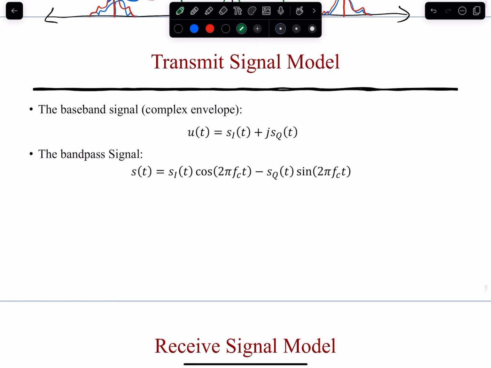So just to repeat those definitions, because they are really important, and we are going to use those terminologies a lot in the future. The baseband signal or the complex envelope signal is basically the in-phase part plus j multiplied by the quadrature part of the signal. And this is the baseband signal because it is centered on the 0 frequency. If we move that to higher frequencies by multiplying by cosine and sine, we're going to construct what's called the bandpass signal.